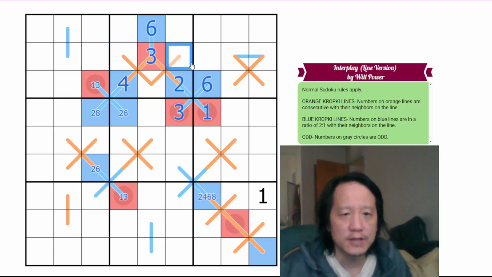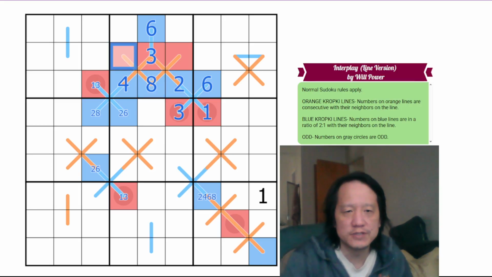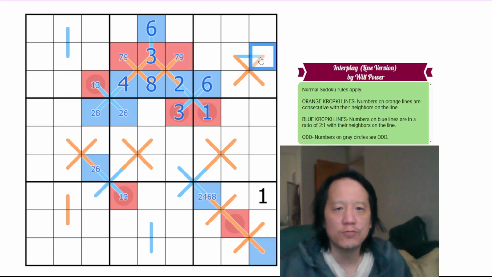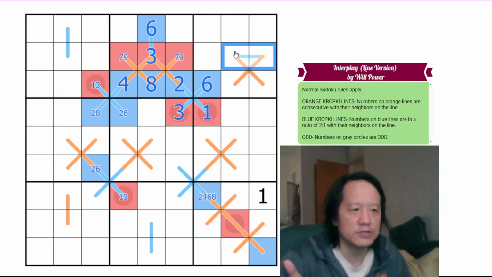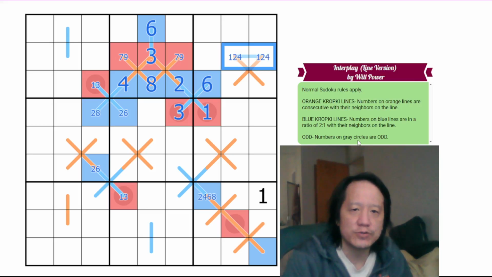So therefore, these two cannot be even, they must be odd, which is consecutive with an even digit. And this even digit has to be 8. So it's consecutive then with 7 or 9. So this is a 7-9 pair. We have a 1-to-2 ratio without 3. So it has to be either 1-2, 2-4, or 4-8. We're not sure which.